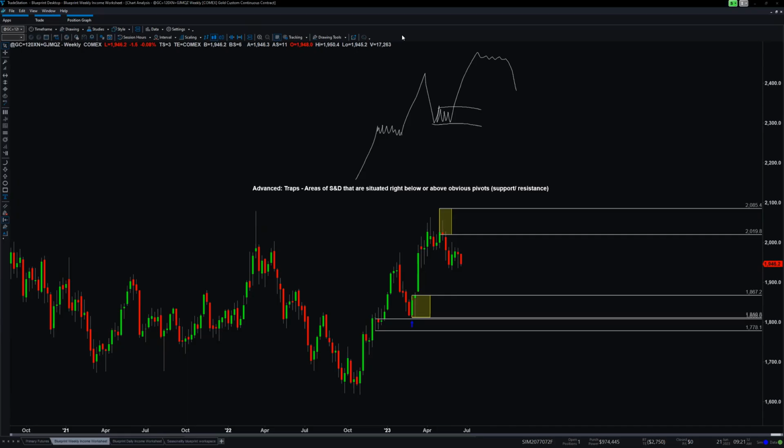But the problem with that is it's so obvious. We also have a pivot area right there. So what most people do, and what we would do, is we would look to enter somewhere in demand, and maybe even lower, but where would our stop loss be? Our stop loss would be right there, somewhere below. So most people will have stop losses right below pivot areas.